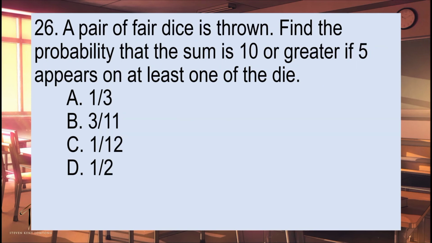So next, a pair of dice is thrown. So find the probability that the sum is 10 or greater if 5 appears on at least one of the die. Okay, so we can actually list all the possibilities. So at least one daw of the die is 5.